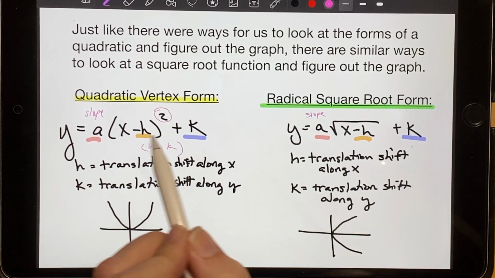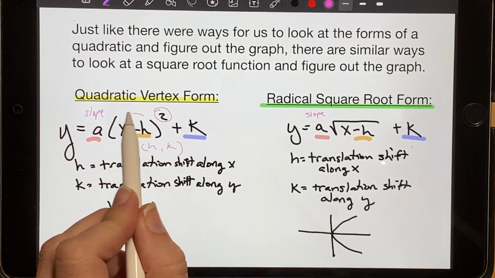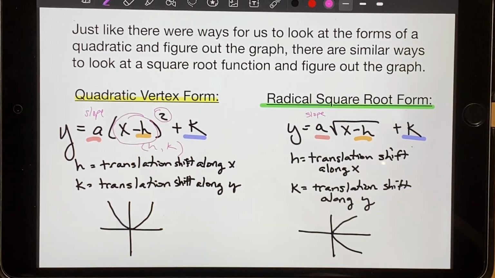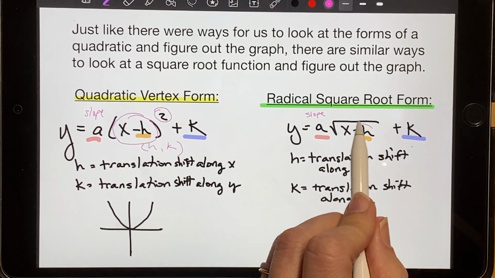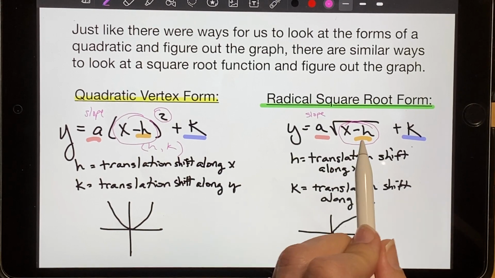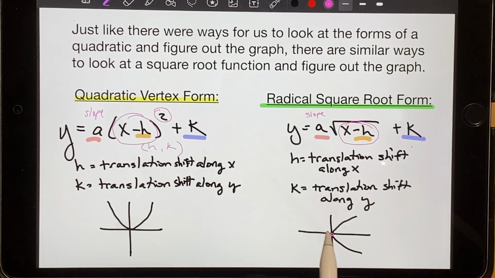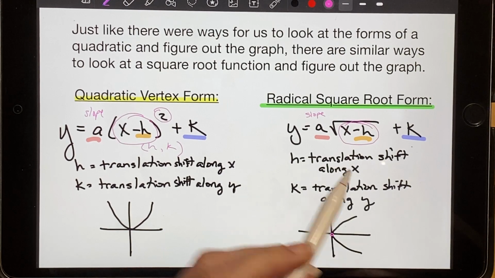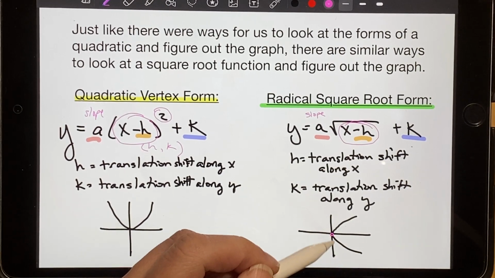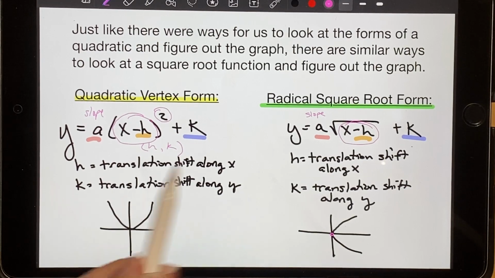There's a K value in the same location, where X and H are tied up together in this one little unit. H is the same. It's your shift of your vertex along the x-axis, exactly the same. K is your shift of that vertex along the y-axis, exactly the same.